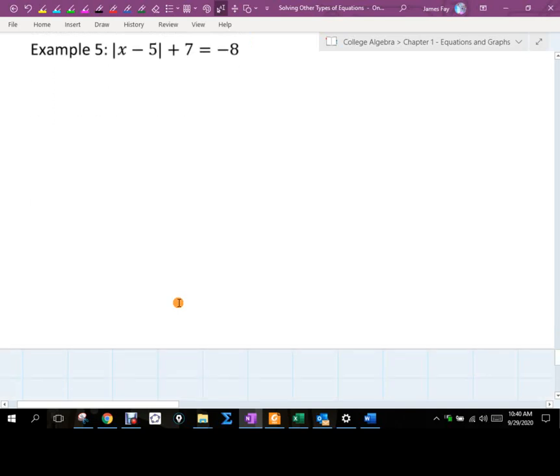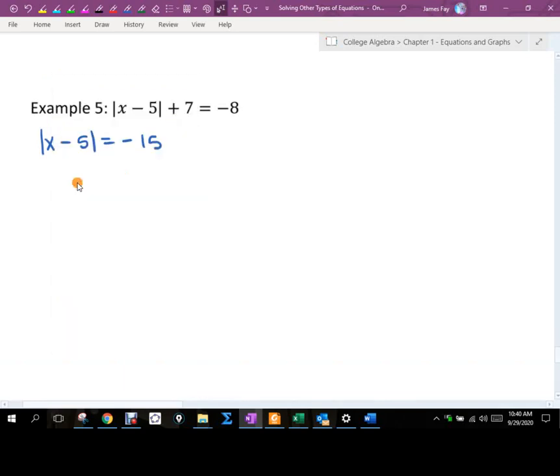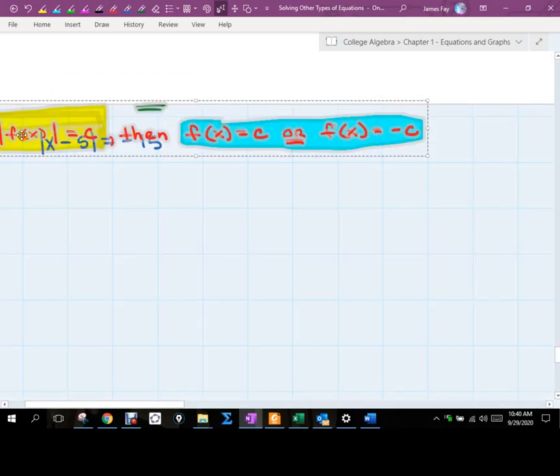What are you going to do first there? X minus 5 in absolute value is equal to negative 15. Okay.